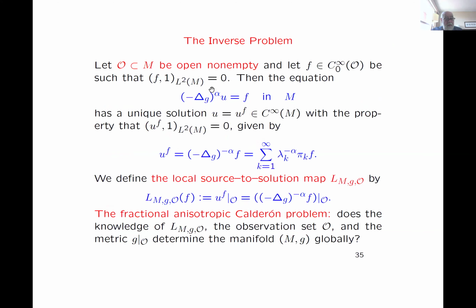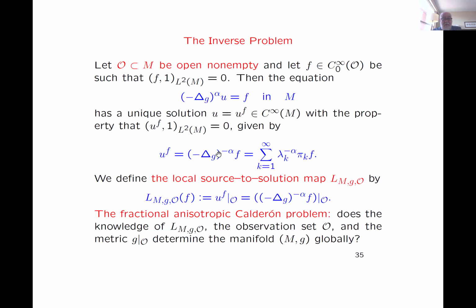And the inverse problem that we are going to look at is the following. First we solve the source to solution map. So we have a source. In order to have a unique solution, you need to assume that F is orthogonal to constants. And then there is a unique solution of this equation, which can be written in terms of the negative fractional power.